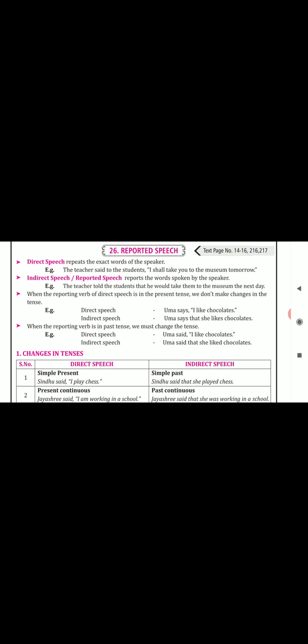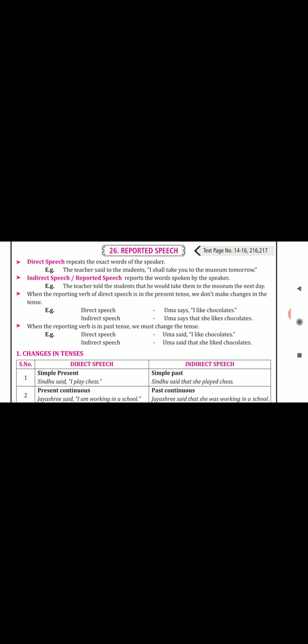When the reporting verb of a direct speech is in the present tense, we need not make changes in tense. For example, in direct speech, Uma says, I like chocolates. In indirect speech, Uma says that she likes chocolates. So in the conversion, the reporting verb does not change.